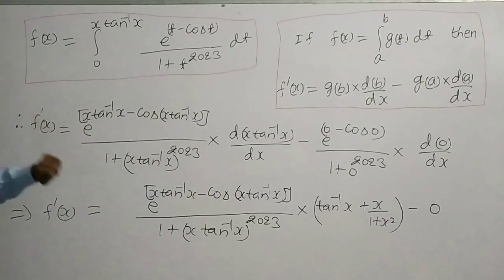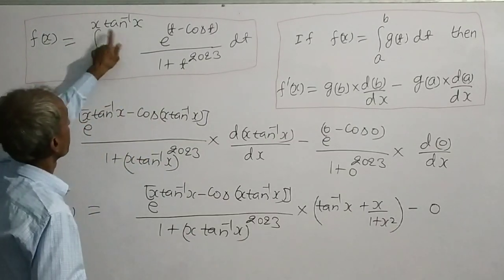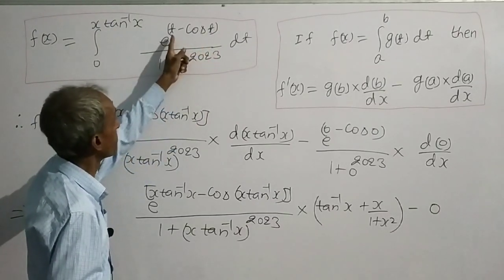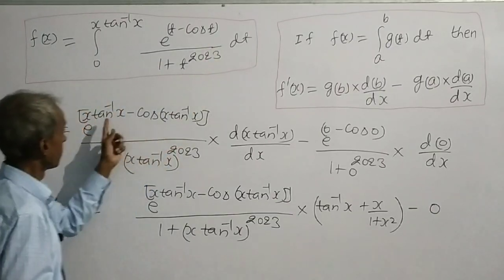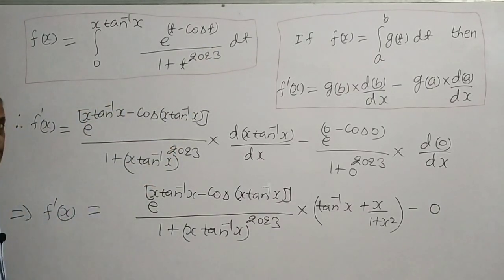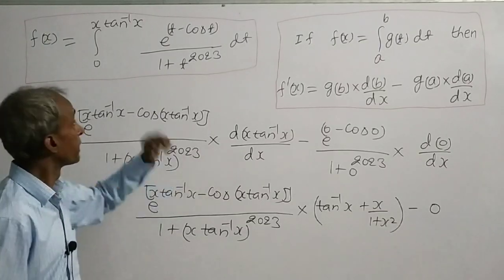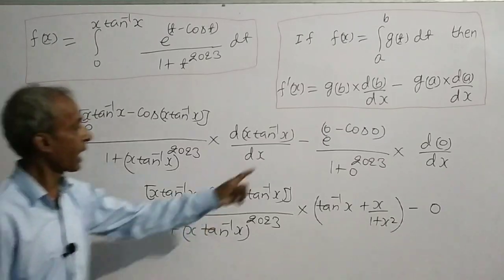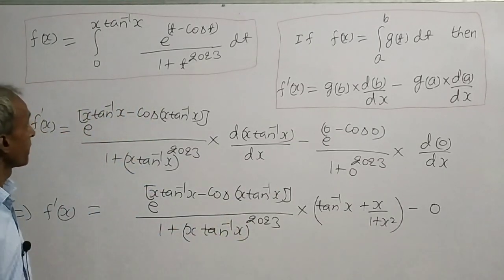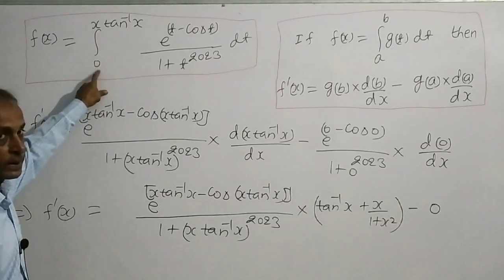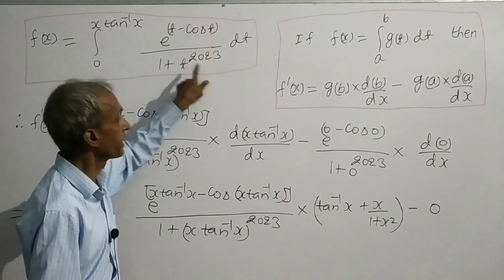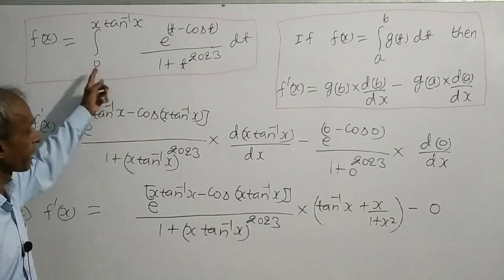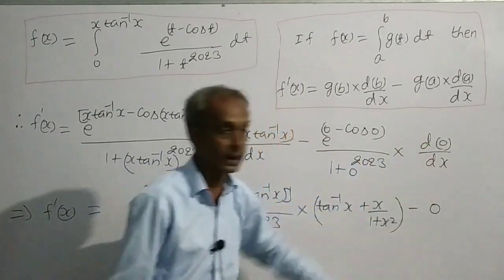F dash x will be equal to, we put the upper limit x tan inverse x in place of every t, here, here and here, and then differentiate this upper limit with respect to x, write minus sign, and then we put this lower limit 0 in place of every t, and then differentiate 0 with respect to x.